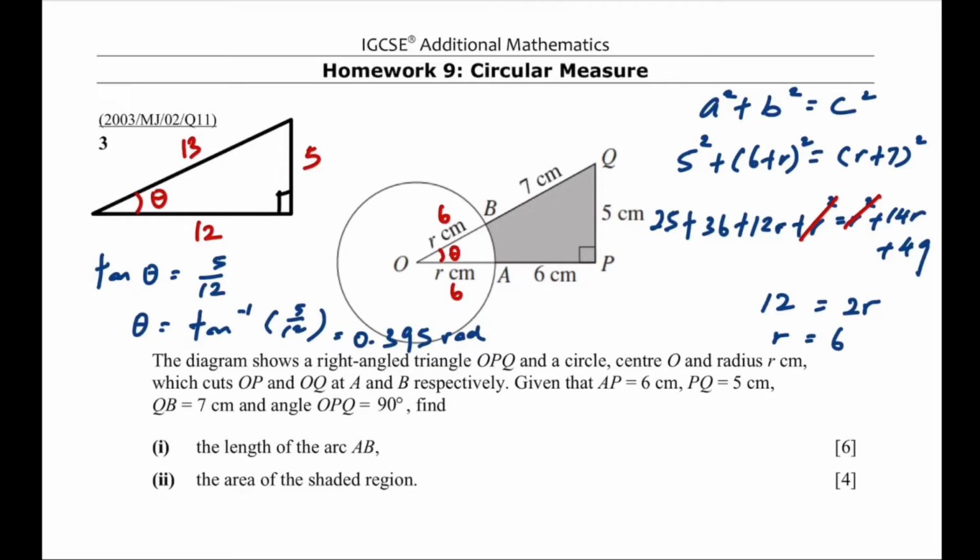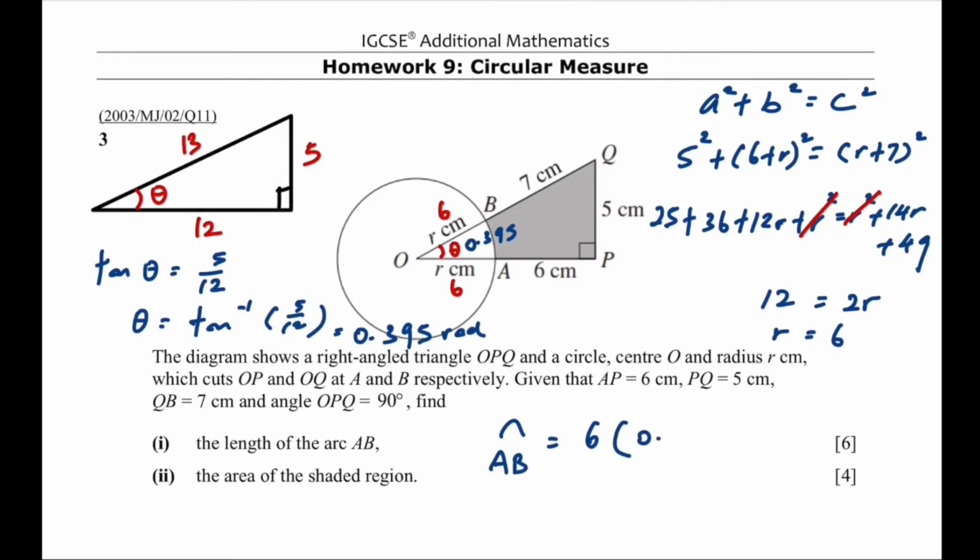Okay, you have the radius and the radian now. You can find the arc AB, right? R theta. So the final answer, 2.37 cm for the length of arc AB.